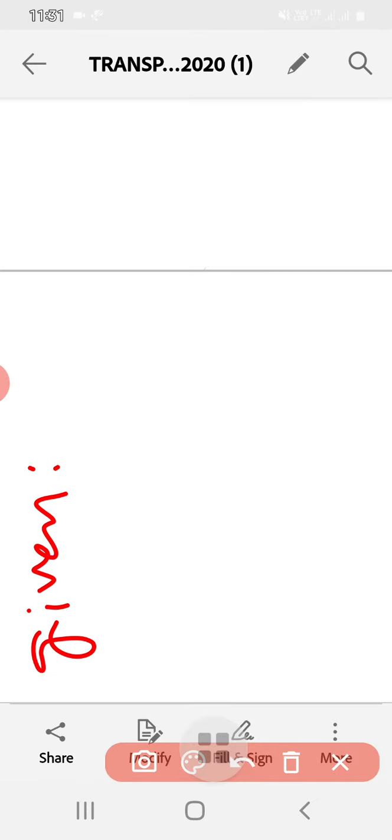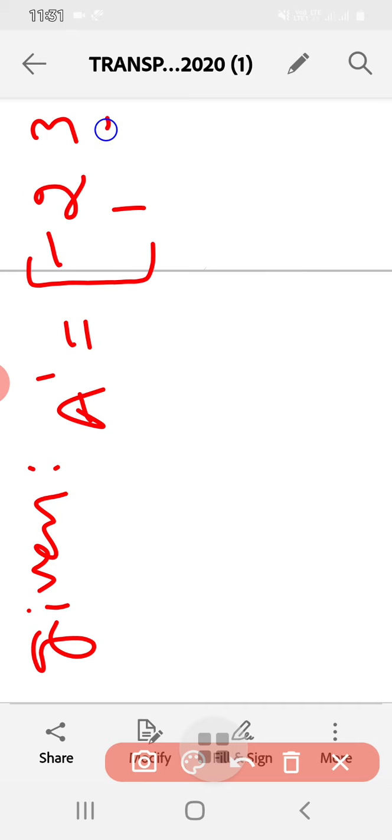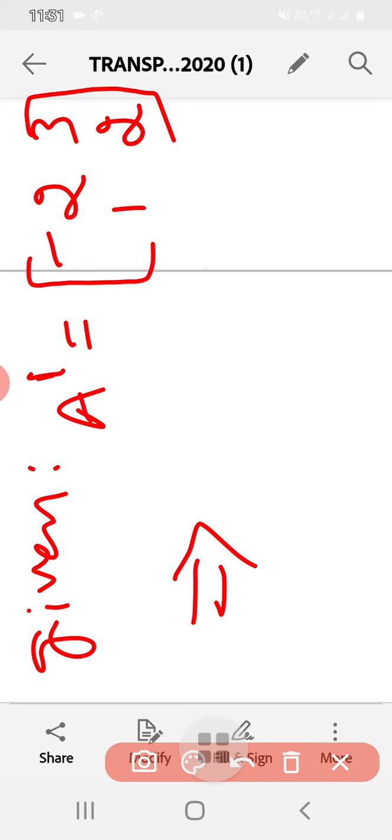What is given here? A dash is given in the problem, minus 2 3 1 2. A dash is given, so what is the matrix A? We have to transpose it again.